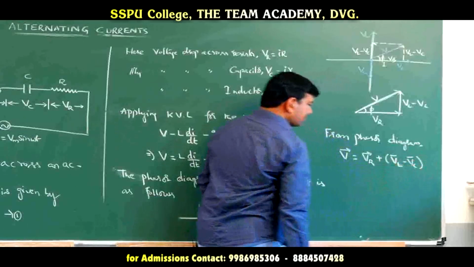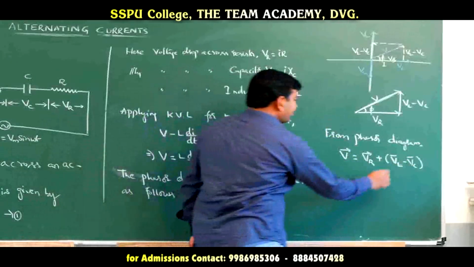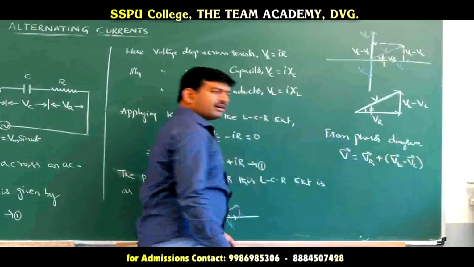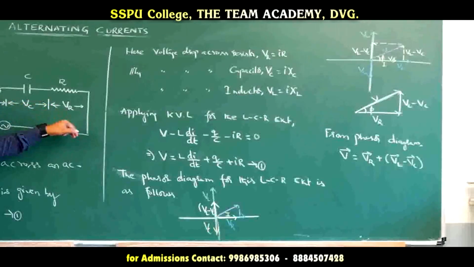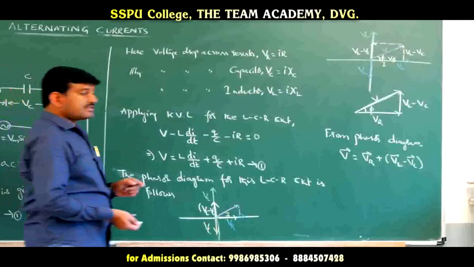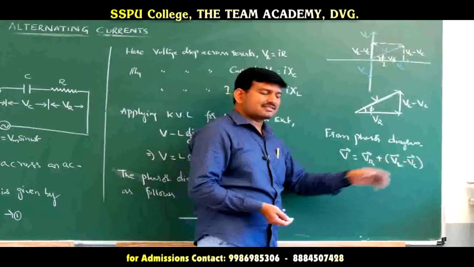Is it clear or not? So this equation is not similar to the one with DC currents. In DC currents, applied voltage V is equal to this voltage plus this voltage plus this voltage. But here it is a vector addition, not a scalar addition. So here the resultant voltage V is equal to VR bar plus VL bar minus VC bar.